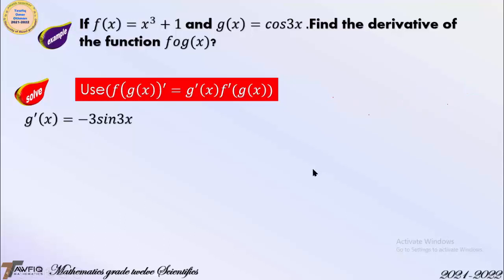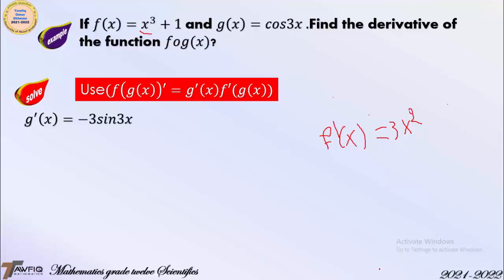And now to find f prime of g(x), first of all, take the derivative of f(x). f'(x) is equal to the derivative of x cubed, which is 3x squared, plus the derivative of 1, which is 0.